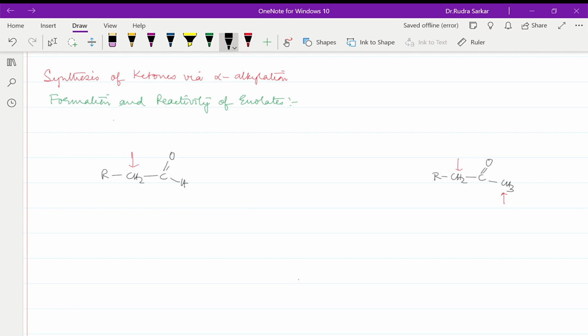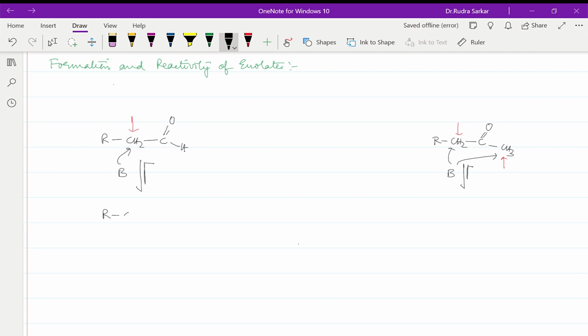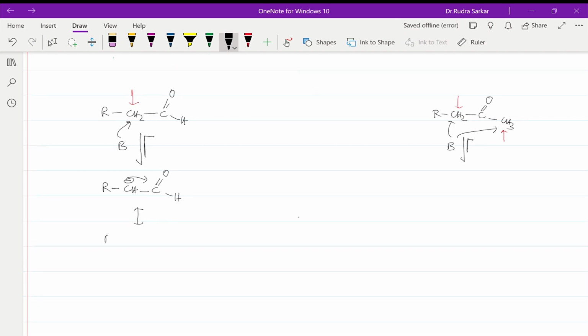Now, on deprotonation, that is via using a base, they lead to the formation of a carbanion, and these can be resonance stabilized conjugate bases. So from here we will get a carbanion like this, and that will be resonance stabilized as I am showing.